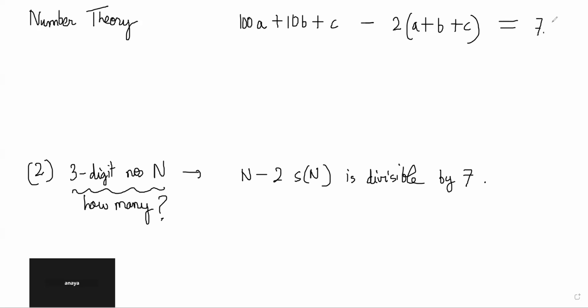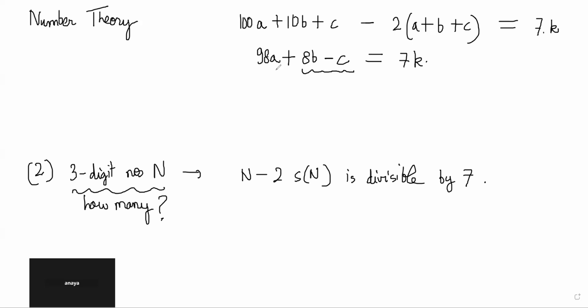And 98a is already a multiple of 7 because 98 is divisible by 7. So then we have to get 8b minus c as a multiple of 7. And that'll happen if b is equal to c.